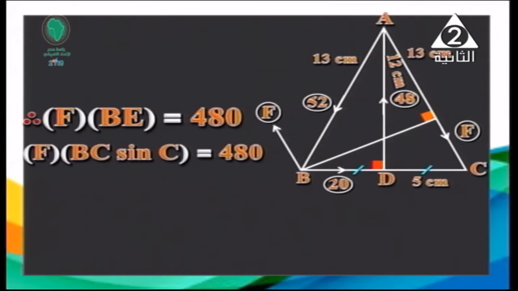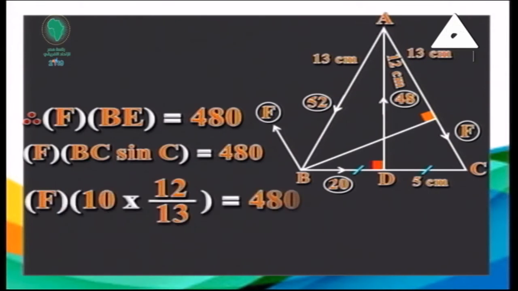BE equals BC sine C. In triangle BCE, BE equals BC sine C. Therefore, by substitution, sine C equals 12 over 13. In triangle ADC, AD equals 12, AC hypotenuse equals 13, then sine C, opposite over hypotenuse, equals 12 over 13.